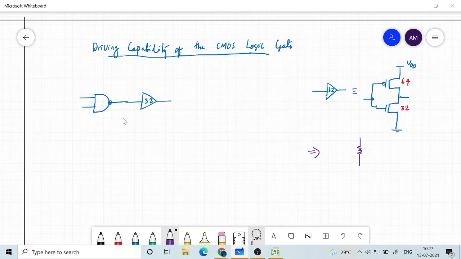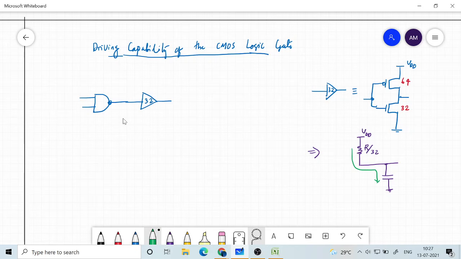This will be R divided by 32, and this will be charging a capacitor. So this is the charging. Okay, so we have here VDD.